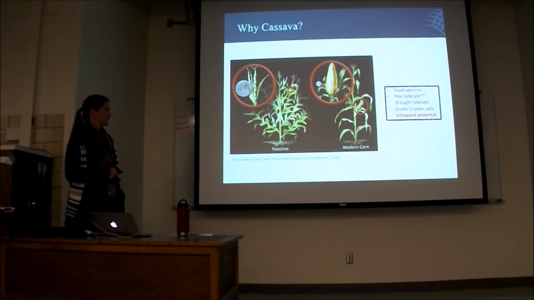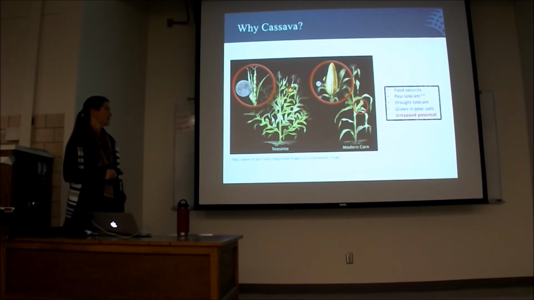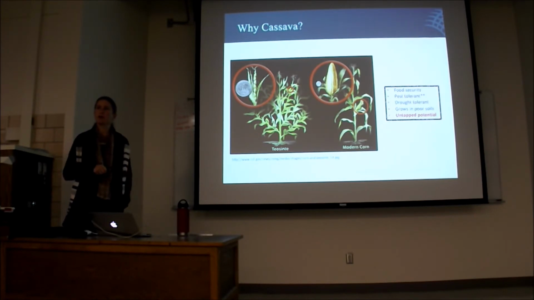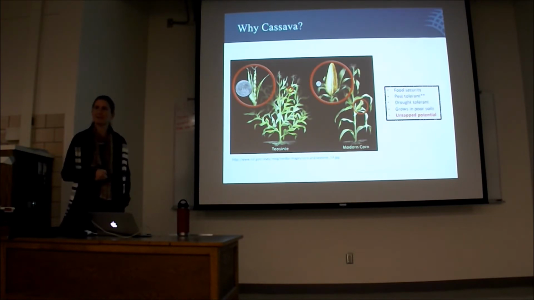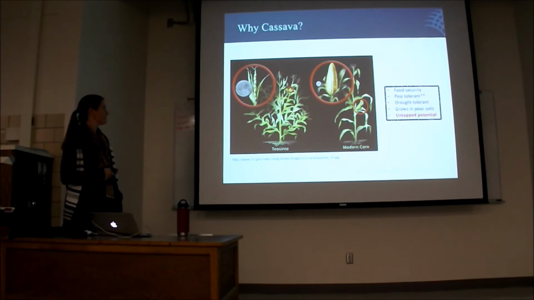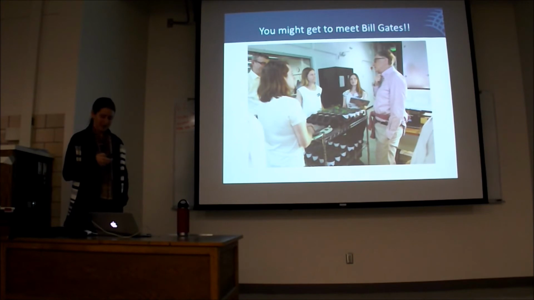A lot of the work that I've done in collaboration with some people at JGI, resequencing most of the farmer-preferred varieties of cassava across sub-Saharan Africa, have shown us that when we compare them to the wild relative, they're about 3 or 4 generations from their wild relative. So thinking about this timeline and then how good cassava is already, I just think is a point to reflect on a little bit. The final reason is if you work in cassava, you might get to meet Bill Gates.